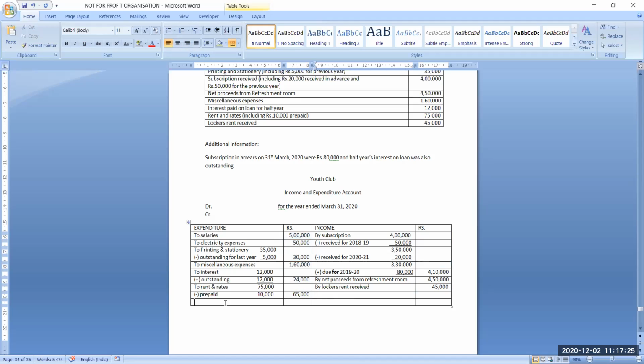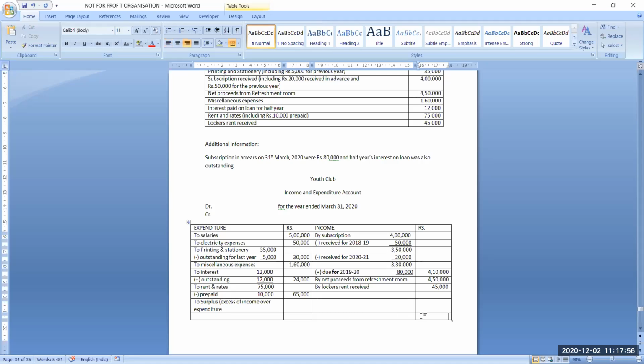Now we will calculate the surplus here, and here we will write To surplus, excess of income over expenditure, if the income side is greater than the expense side. Now we will first total this side.